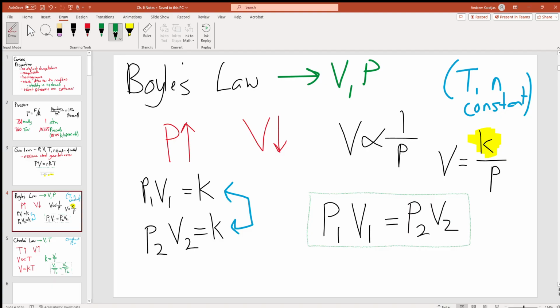The only thing that matters is that we're consistent. In other words, whatever unit we use for P1, we have to use for P2. Same thing for volume. We can use any unit we want here for volume as long as we use the same unit on both sides of the equation.